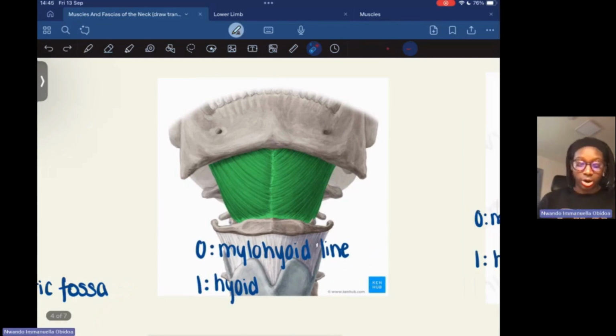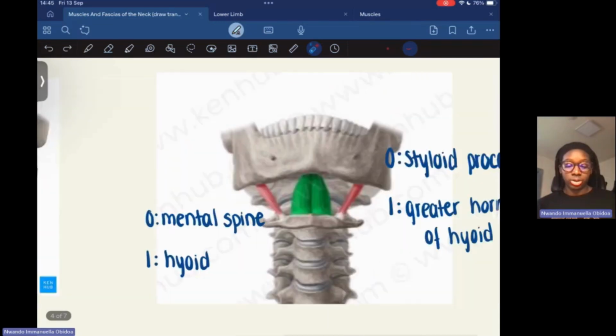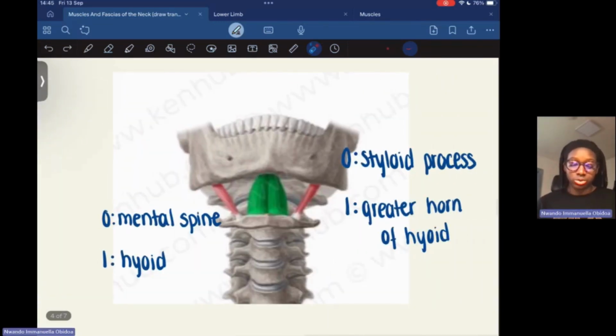So this is your mylohyoid muscle. It's attached to the mylohyoid line of your mandible and inserts on your hyoid bone. And then your geniohyoid comes from the mental spine of your mandible to your hyoid bone.